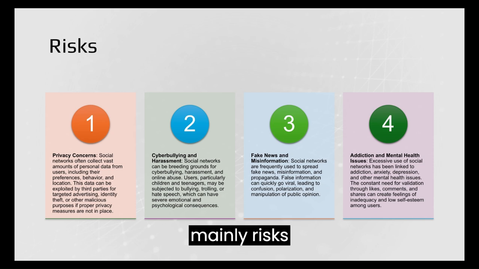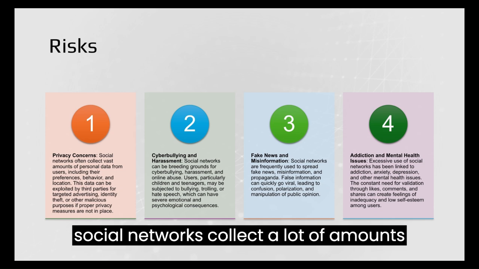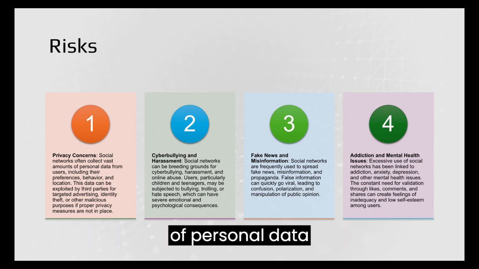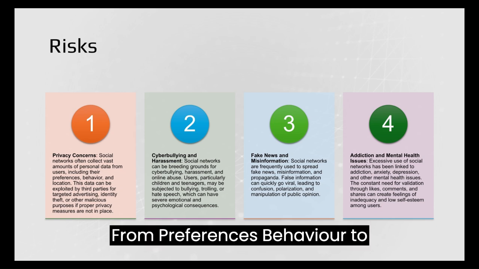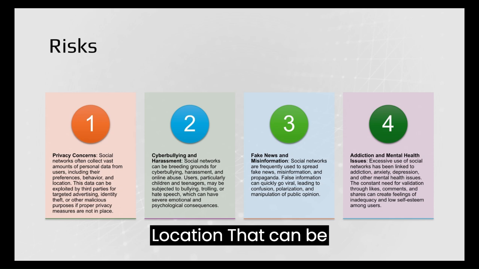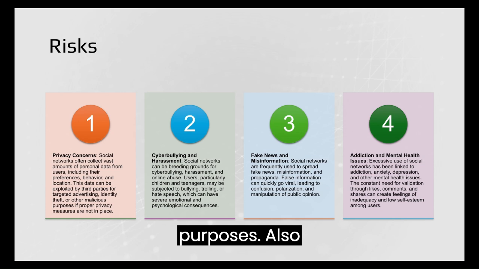So the main risks of social networks are privacy concerns, because social networks collect large amounts of personal data, from preferences, behavior, location, that can be exploited by third parties for targeted advertising, identity theft, and other malicious purposes.